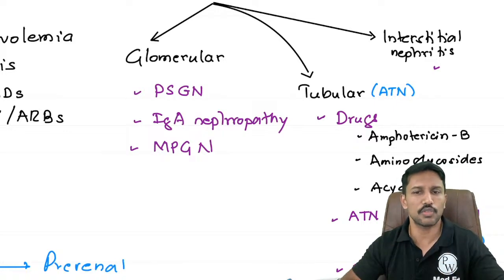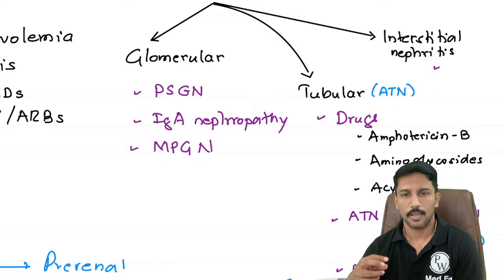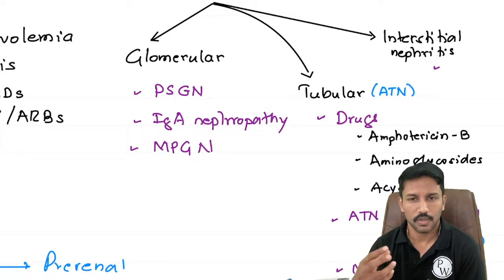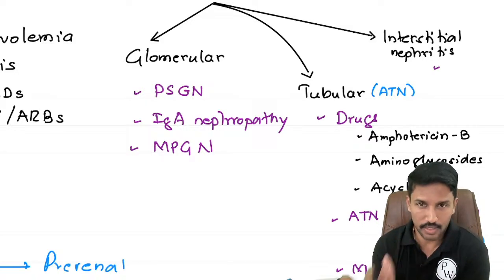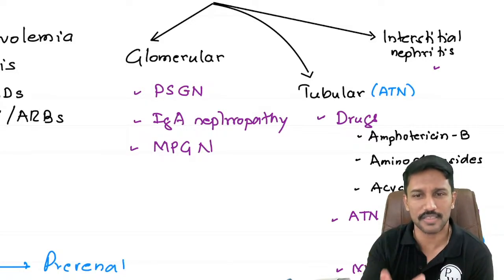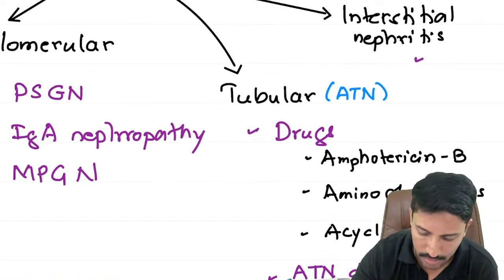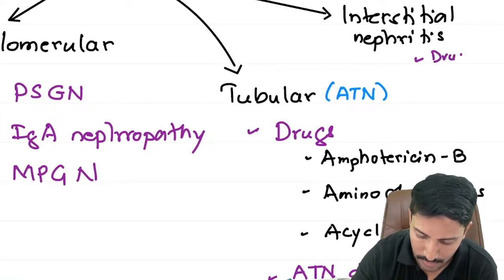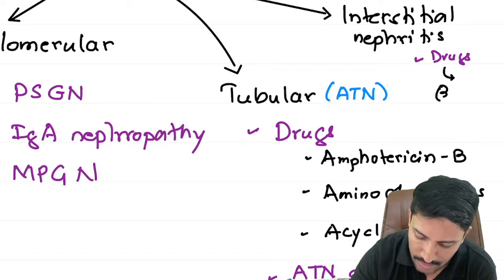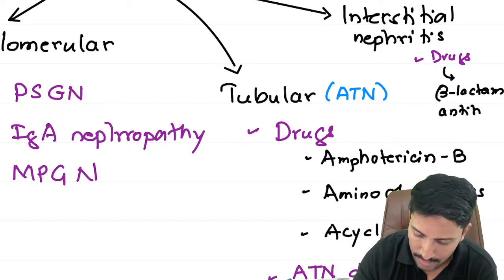It is basically a response to allergy. It means you expose the interstitium to something which we are allergic to, then the body will mount an allergic response. So the most common cause for interstitial nephritis acutely is allergies, and allergies to drugs. And what is the most common class of drugs? It is the beta-lactam antibiotics.